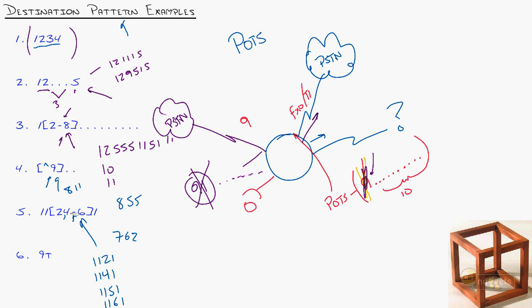Now, I was mentioning the certification exam. I have done funky things like that in the real world. There's a gamut of whacked out dial plans that you'll run into in the real world, so be prepared.